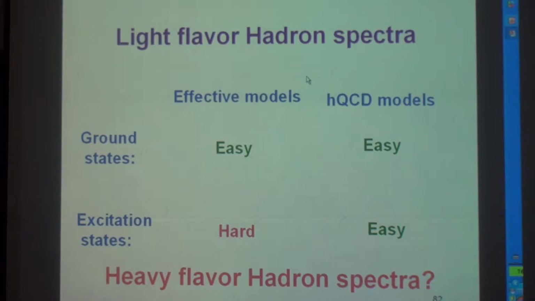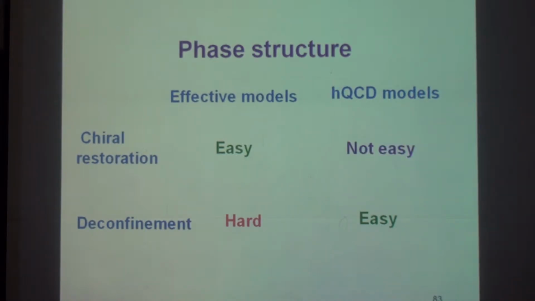Okay, and then for the phase structure, for the chiral restoration, the chiral phase transition, I think the effective models, for example the NJL model or the linear sigma model, work well. Well, I cannot say quite well because you never know what's correct, right? But anyway, it works.